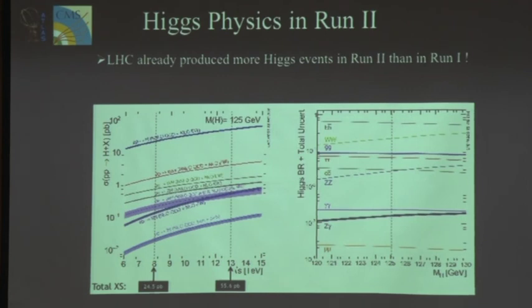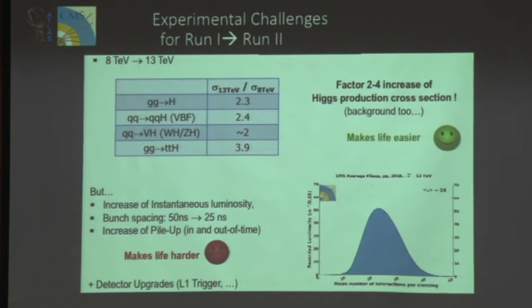And in run 2, I do not want to discuss too much there. The cross section would be a bit higher. So this is like 8 TeV versus the cross section ratio. You get these kinds of numbers, but you have other challenges experimentally.